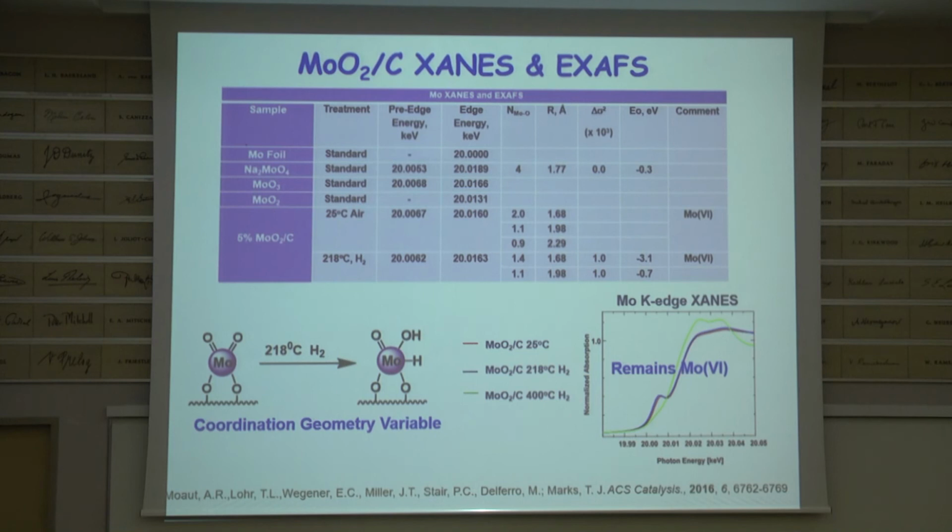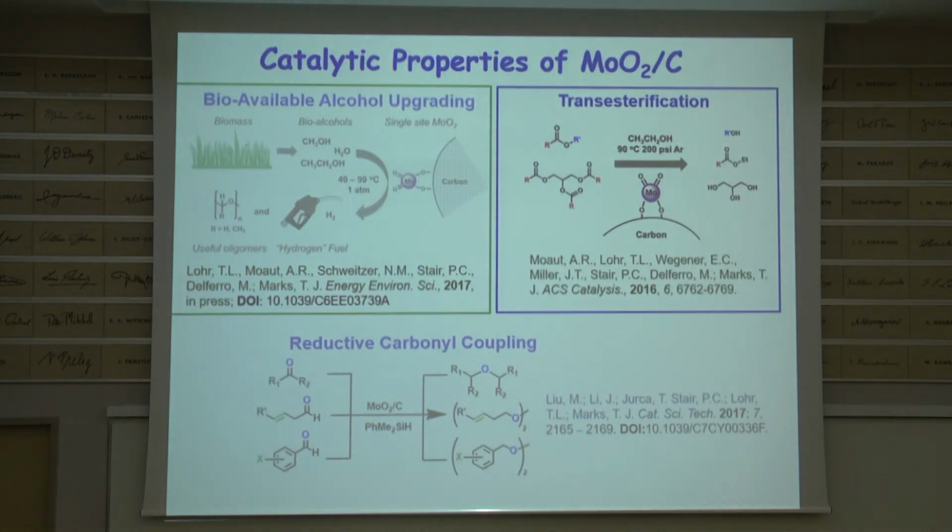Now, you might say, well, what is the motivation for studying this stuff? And that starts on the next slide, and I only have time to talk about two of the reactions that this catalyst does.